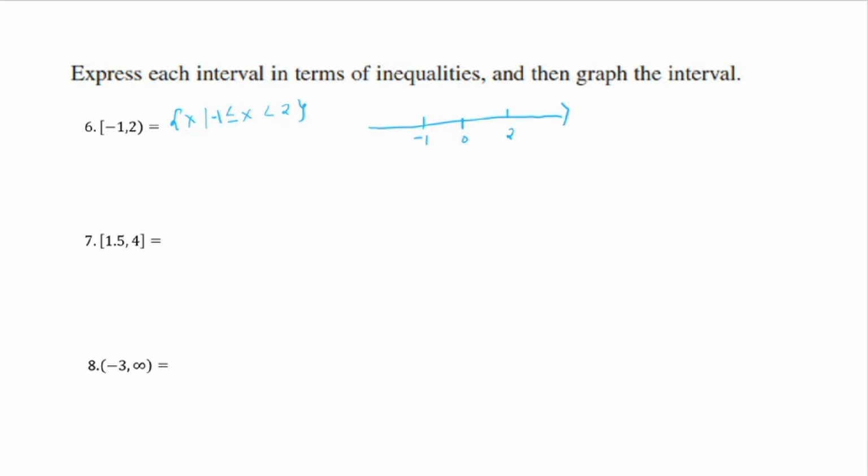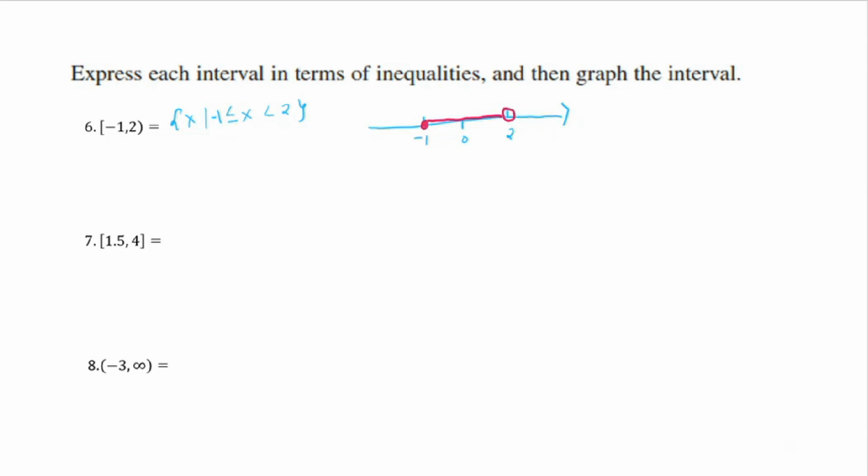It says there that x is greater than or equal to -1, so we're going to use a closed dot for this, and then an open dot for 2 because x is less than 2. So the graph now is that one, the one that we colored pink, and that is now the graph.